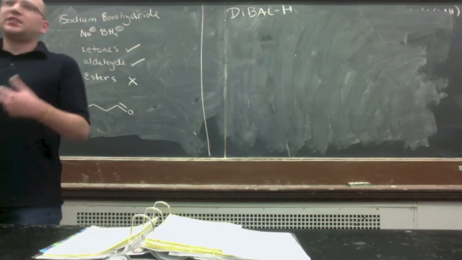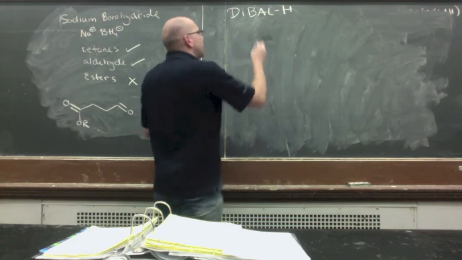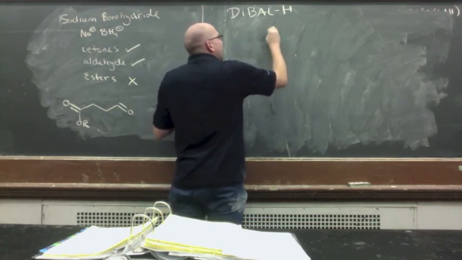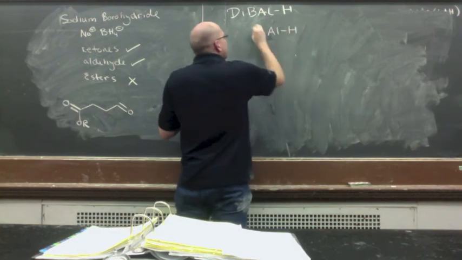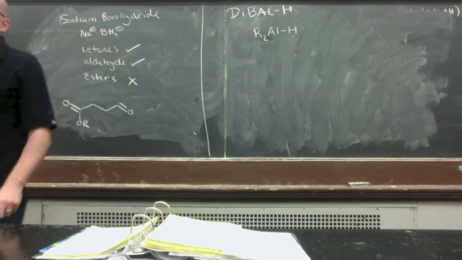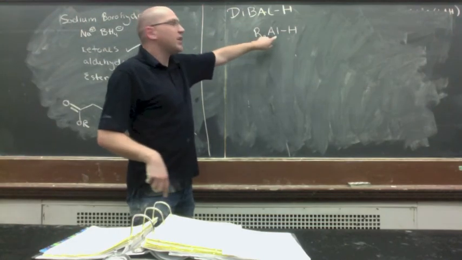It stands for diisobutyl aluminum hydride. I'm not going to go through the exact structure of it, but these are isobutyls, and I'll just put R2 to simplify it.